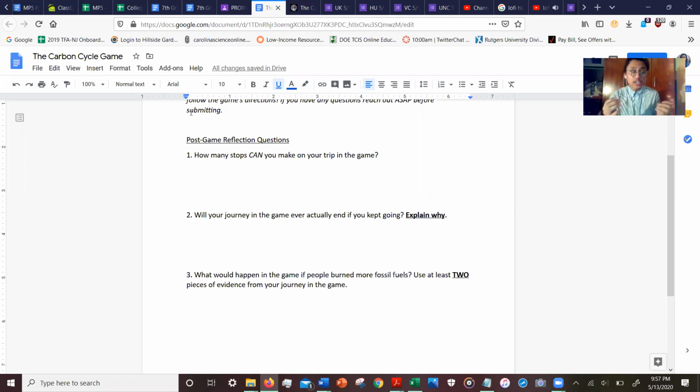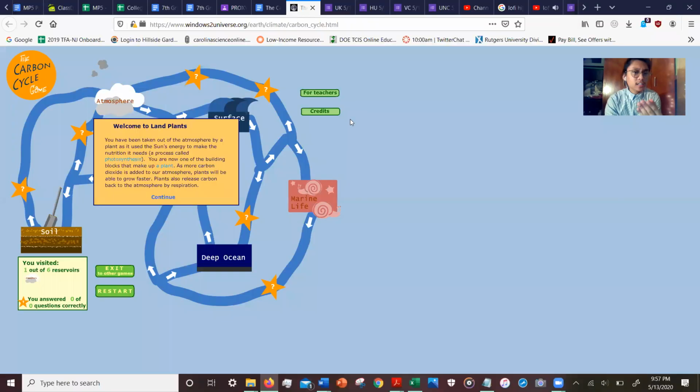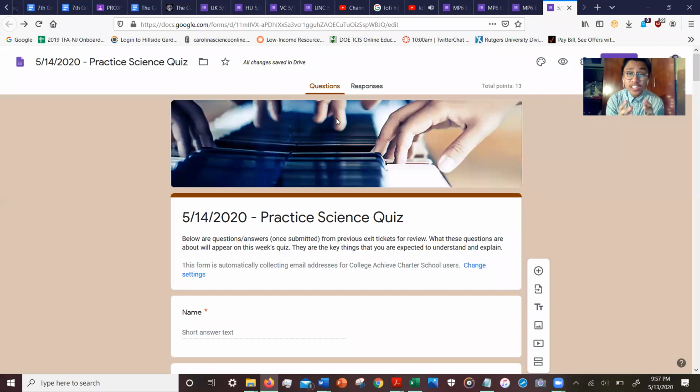This is how I'll measure if we understand how carbon cycles throughout the Earth. And judging by this game, we can already make inferences on how exactly carbon operates. Remember, this is an explaining question with evidence. You have to provide how it operates throughout the different spheres, the biosphere, hydrosphere, etc. In preparation for tomorrow's quiz, there is a document called Practice Quiz.